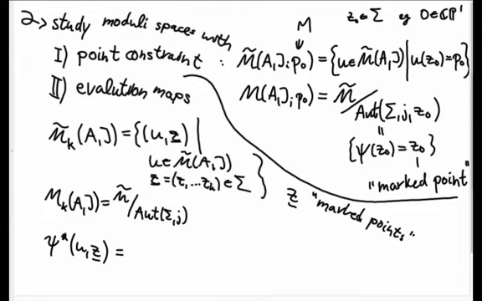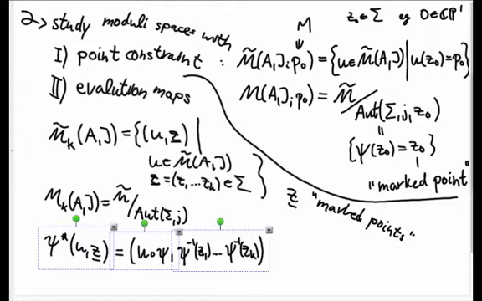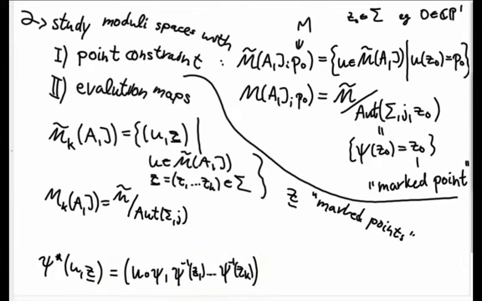So while reparameterizing U, I'm going to move the mark points as Z inverse, exactly because I wish to have a well-defined evaluation map from the moduli space.